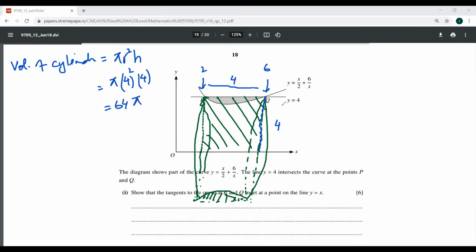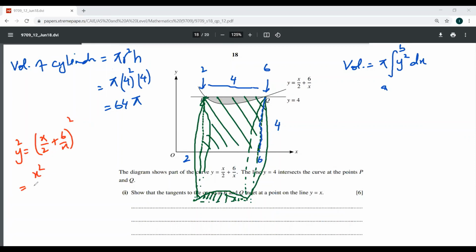Now let's find the volume generated by rotating this from these limits, 2 to 6. The formula is volume equals pi, limit from a to b, and never forget to write this y squared. So let's find y squared first. y squared is going to be (x over 2 plus 6 over x) whole squared.